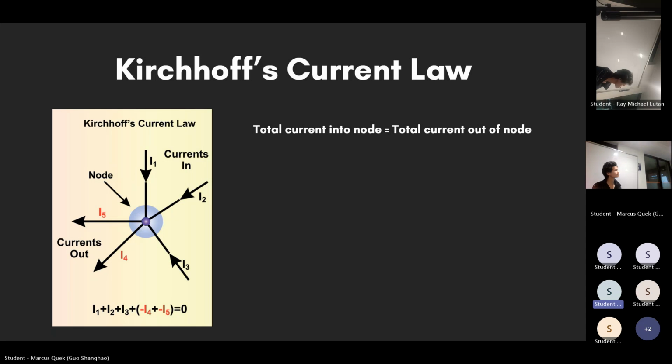And that is as simple as it gets. Kirchhoff current law is that simple. And we'll go through some examples later on using these laws to calculate the voltages and current across each resistor and at each point in the circuit.